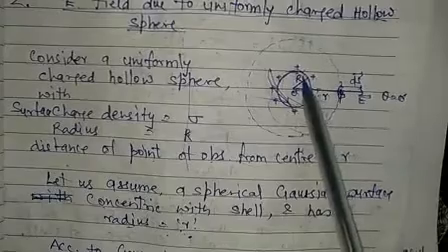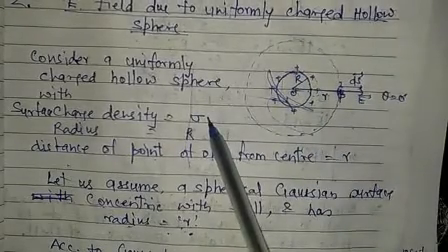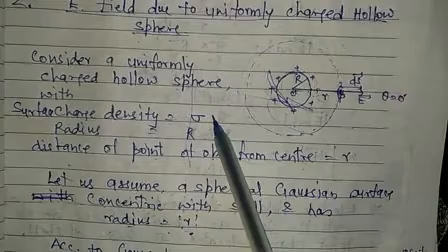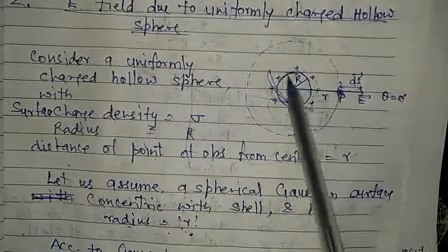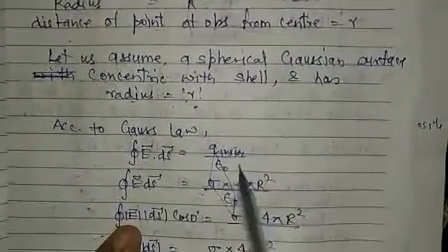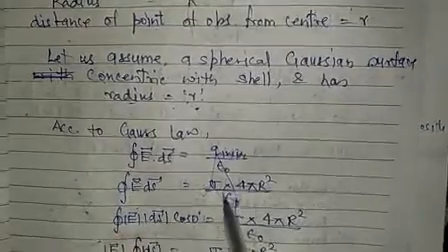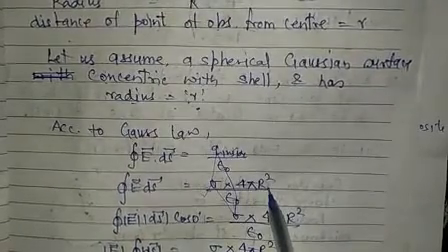For the Q inside, we can evaluate, as we are given sigma, that is charge density. If we multiply sigma with the surface area of the sphere, we can have the Q inside the Gaussian surface, that is sigma into 4 pi R square.